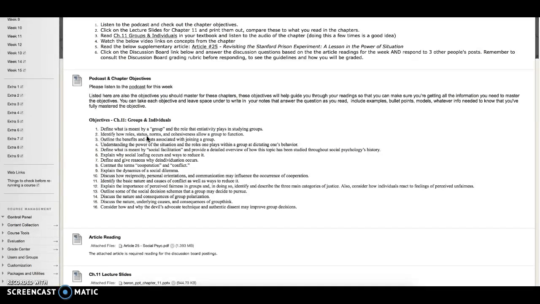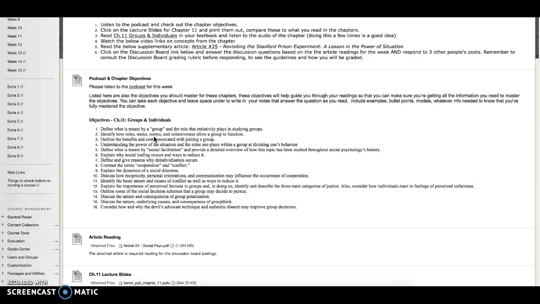That's going to play into this as well, because when we get into a group setting, all of a sudden we have roles, we have a status, and we have norms that we may or may not adhere to.